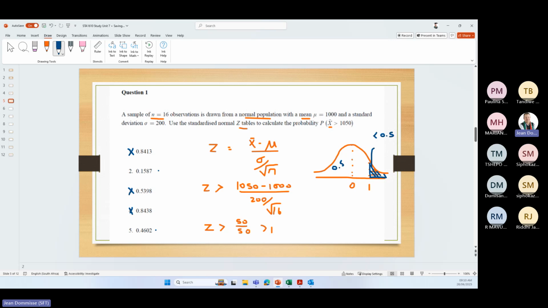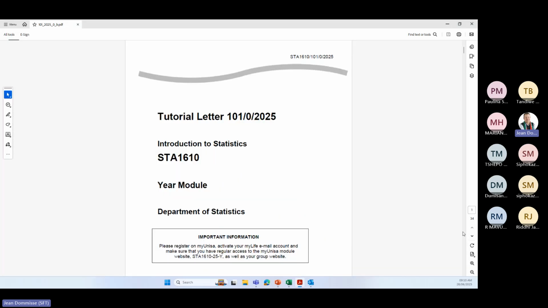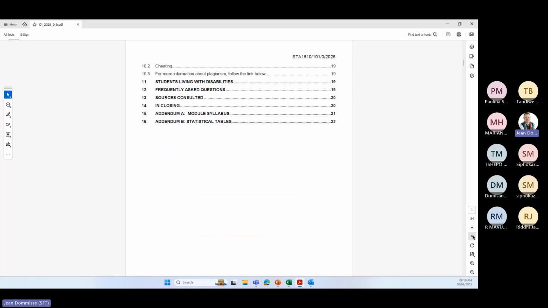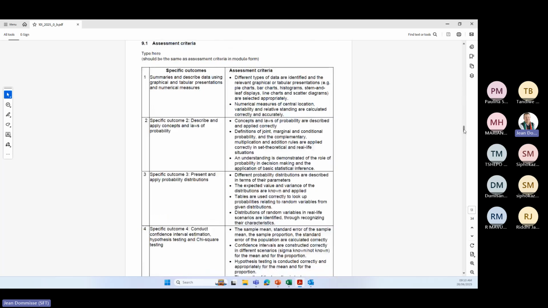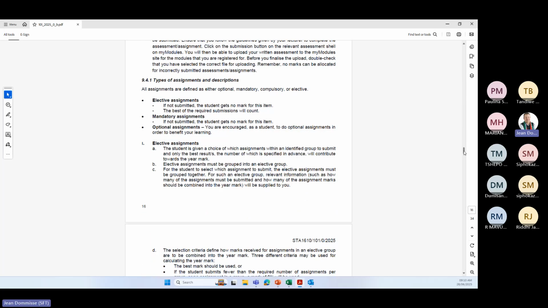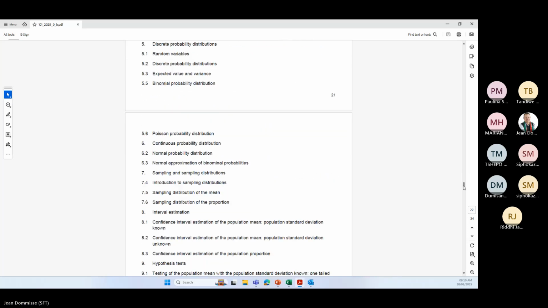So then we go to the Z tables. Let's just see where was that. Only towards the end of that document.